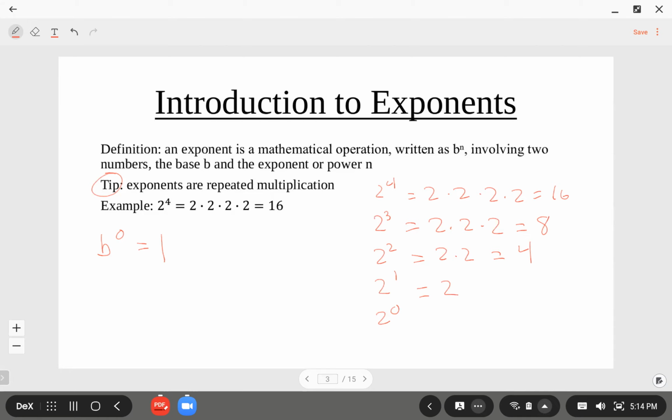So 2 to the 0th power. What is the last one we did? 2 to the first power equals 2. Divide by 2. 2 divided by 2 equals 1. And that is how we prove that any number b to the 0th power equals 1.